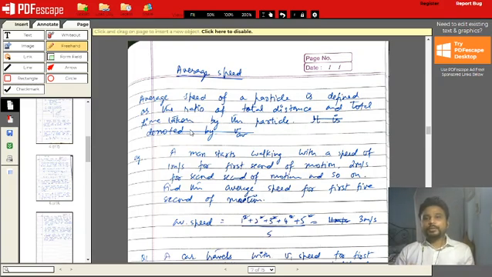So to talk about speed, we must remember distance. Distance is simply the path taken by the particle, or the length of the path along which it is moving. And average speed is defined as the ratio of the total distance of the particle and the total time taken by the particle.